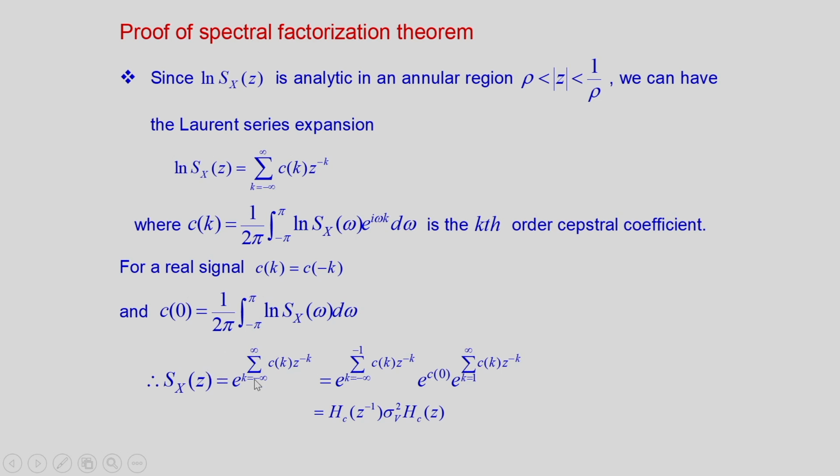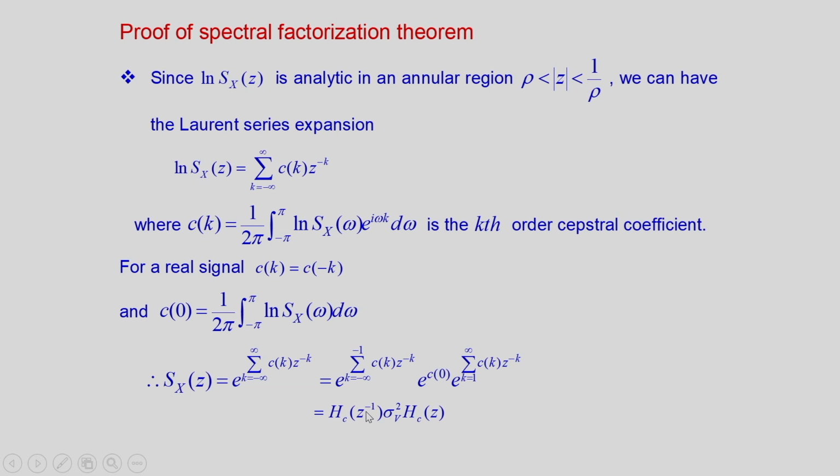So, we have expressed this entire summation in 3 parts. The constant part we will call sigma v square, and the part with positive powers of z is the causal part, so that will be Hc(z), and this other part, Hc(z inverse), is the anti-causal part.